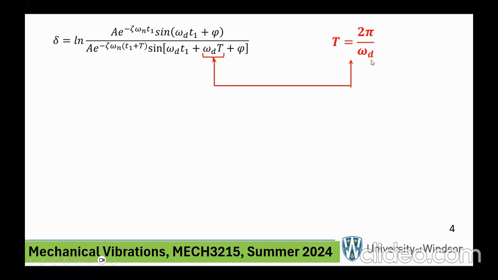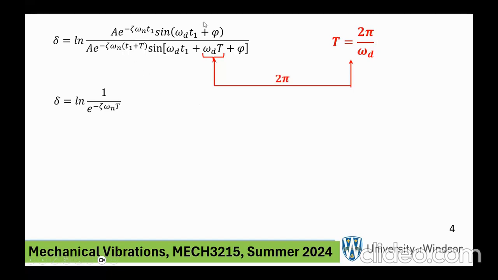So big T times omega d is just 2 pi. See? Big T times omega d, which is right here, is just 2 pi. So that's going to be sine of something plus 2 pi. And we know from properties of sine that sine of something plus 2 pi is the same as sine of that thing.